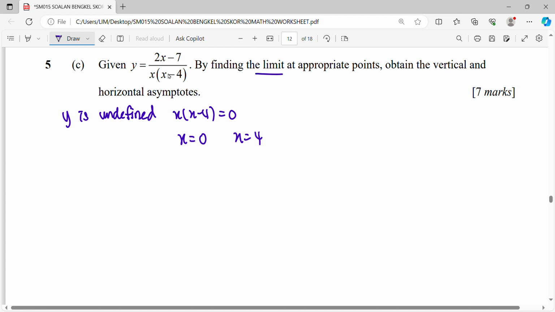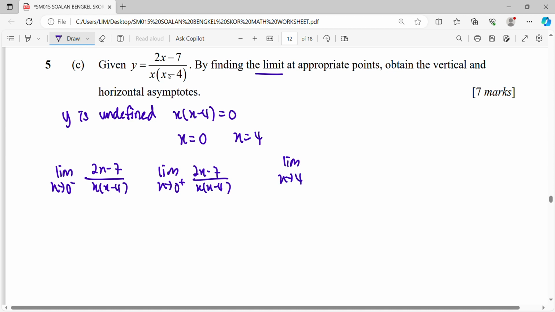So how to calculate: the limit as x approaches 0 from the left hand side and the limit as x approaches 0 from the right hand side. Another point is the limit as x approaches 4 from the left hand side and from the right hand side.